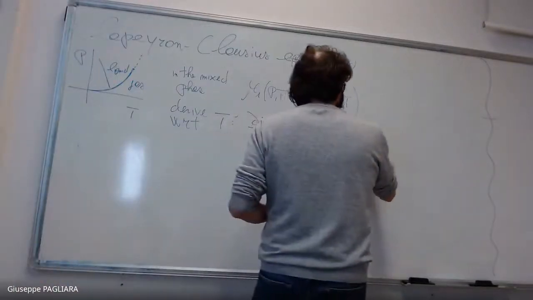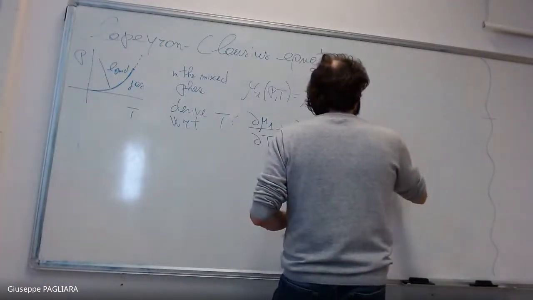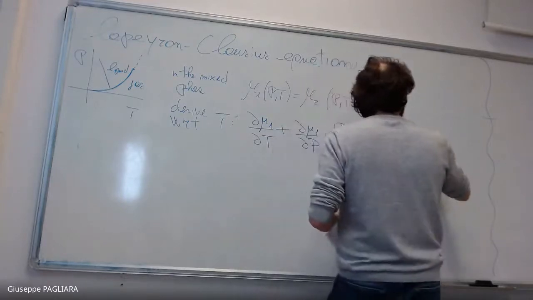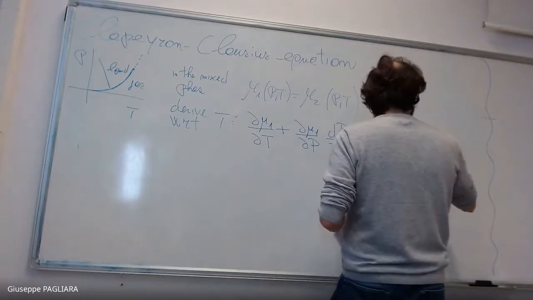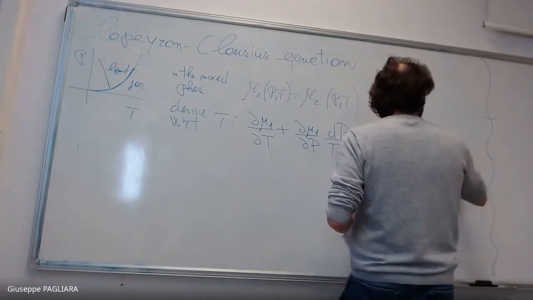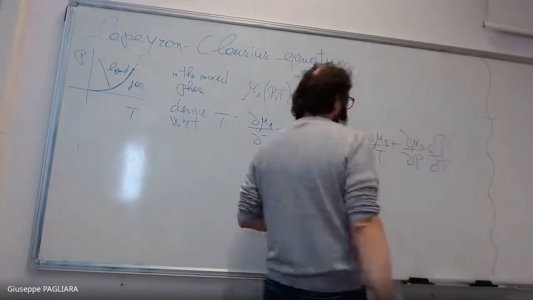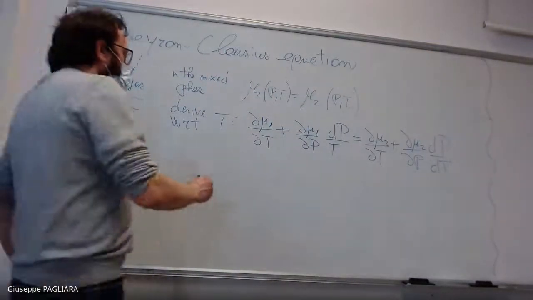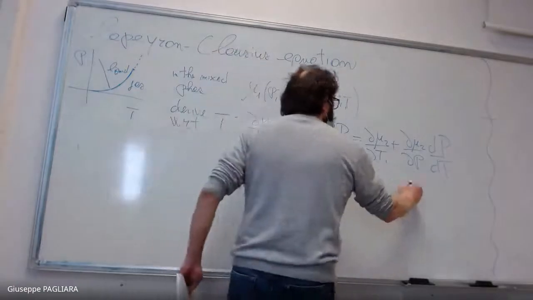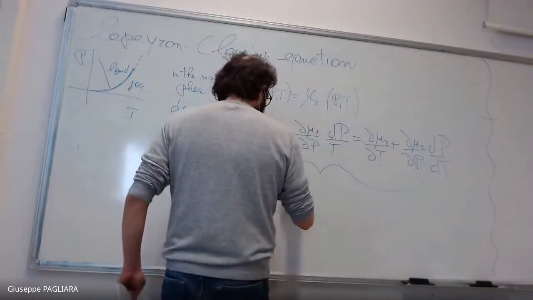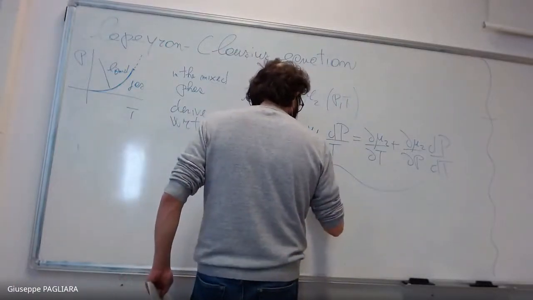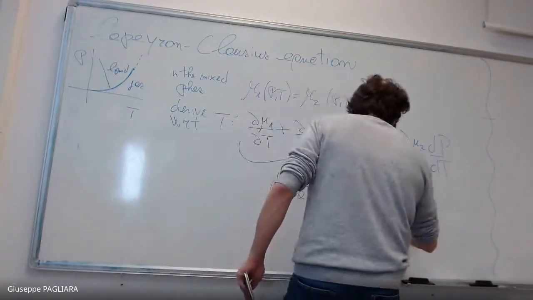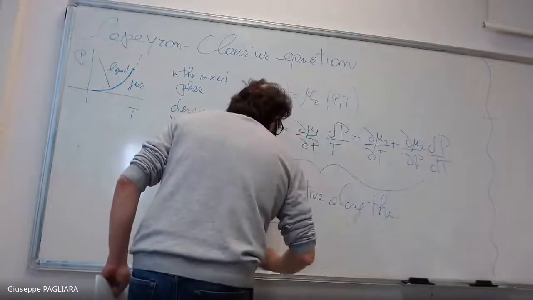Then I have d mu2 with respect to temperature plus d mu2 with respect to pressure times the derivative of pressure with respect to T. These are derivatives along the first order phase transition line.